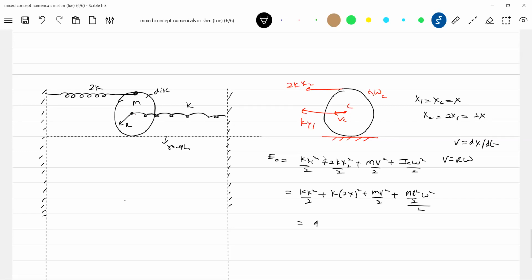So this gives 9 kx square by 2, plus m v square by 2, plus the rotational part with r omega square, which we can write as v square. So this will become m v square by 4. Okay, so this will become 9 kx square by 2, and this will be 3m v square by 4.